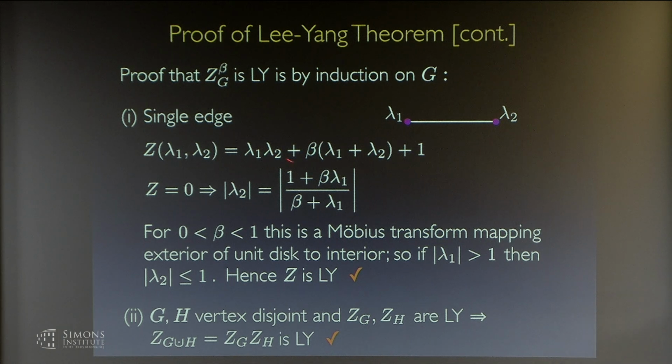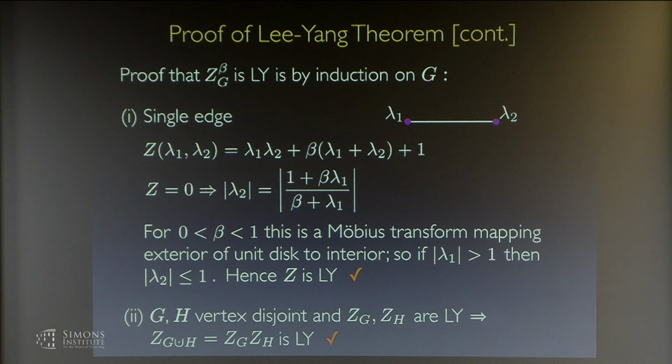So we start off with the base case, which is a single edge. So our graph just consists of a single edge. There are two parameters, a lambda 1 and a lambda 2, and let's write down the partition function. So what's the partition function for this simple graph? Well, there are four configurations, right? Plus-plus, plus-minus, minus-plus, and minus-minus.